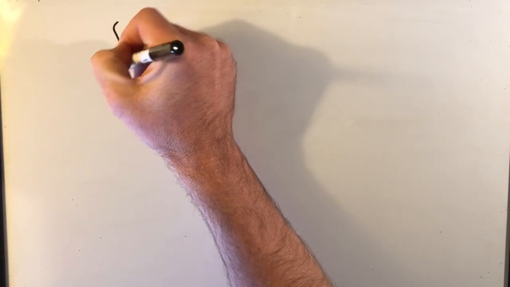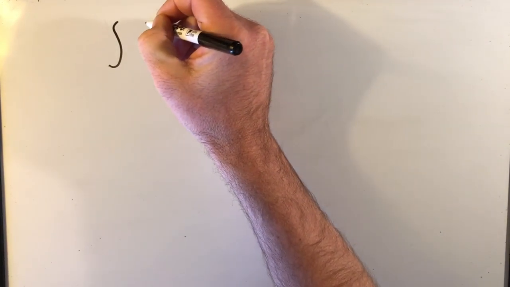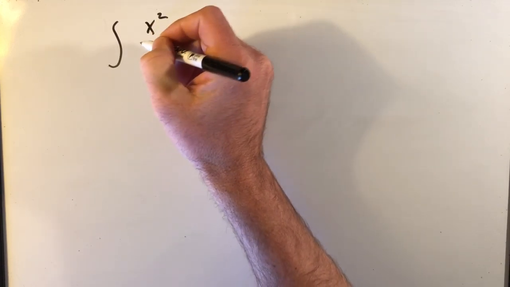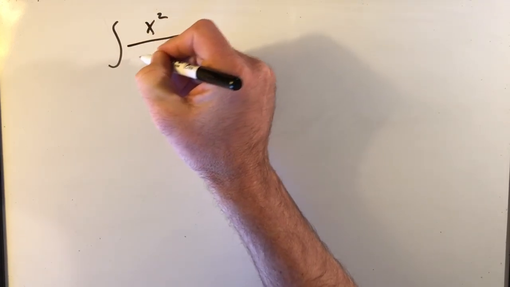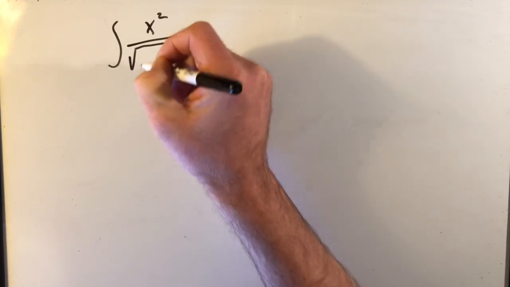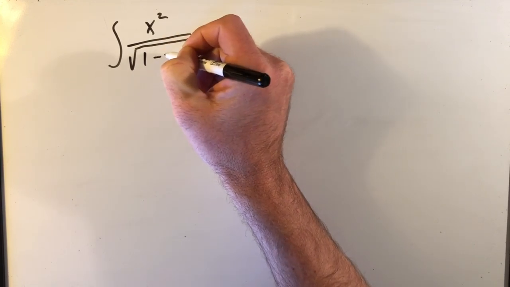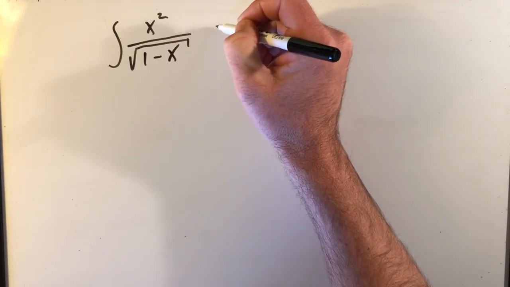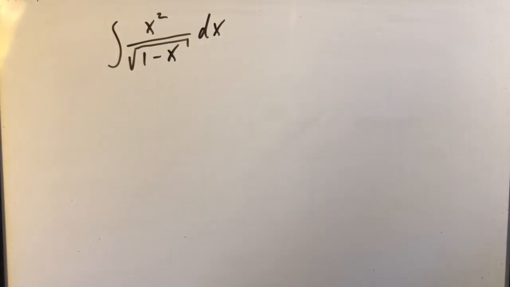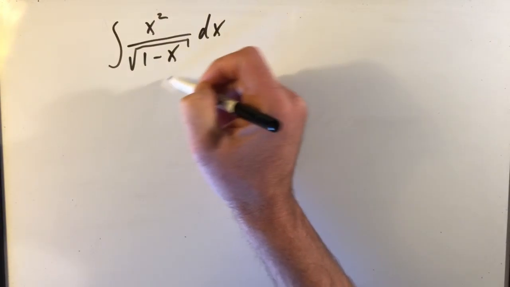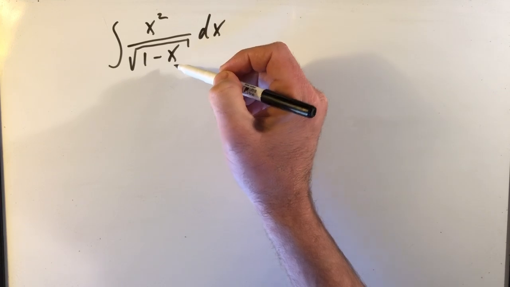Okay, so let's take the problem. If we take the integral of x squared over the square root of 1 minus x, and we'll take the derivative of that, okay? So if you remember from what I was telling you, you have something trapped in here.